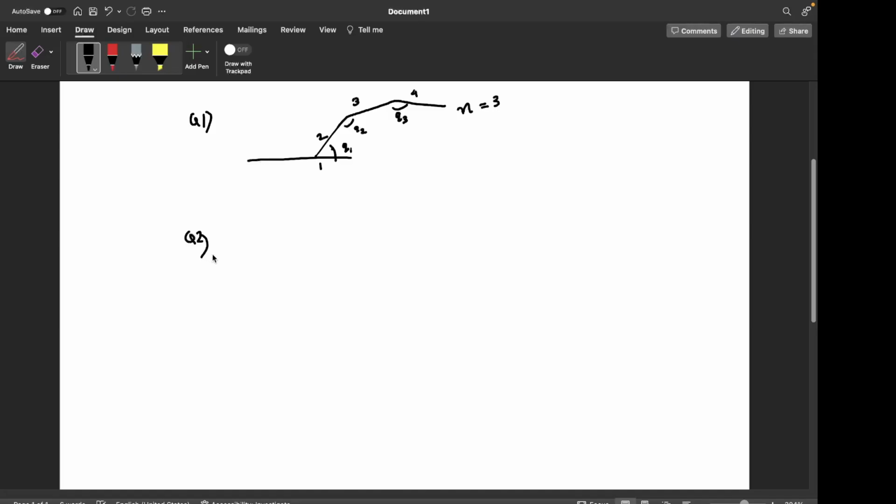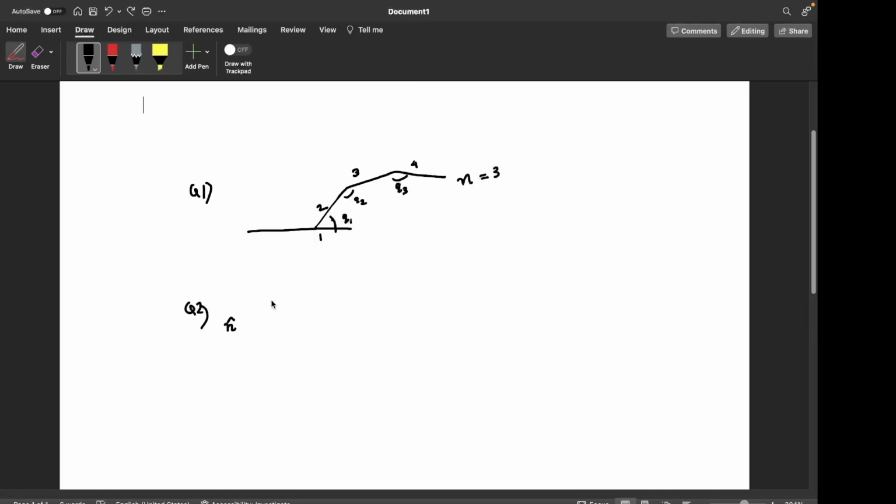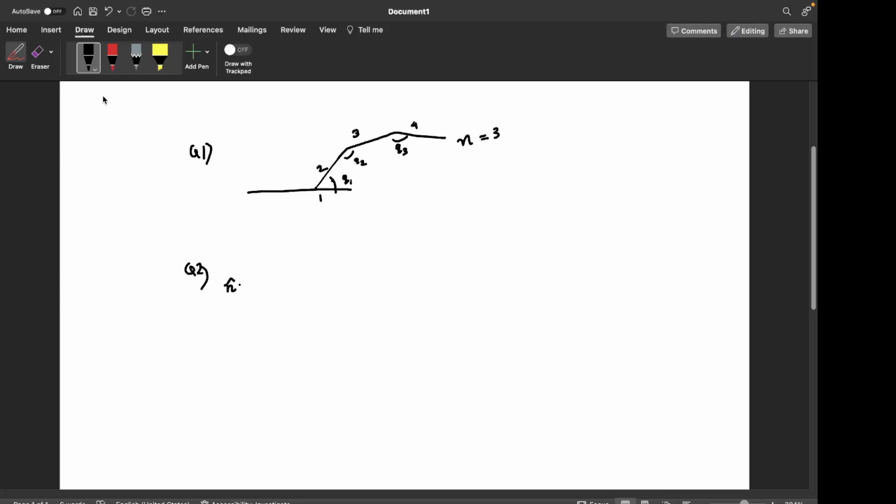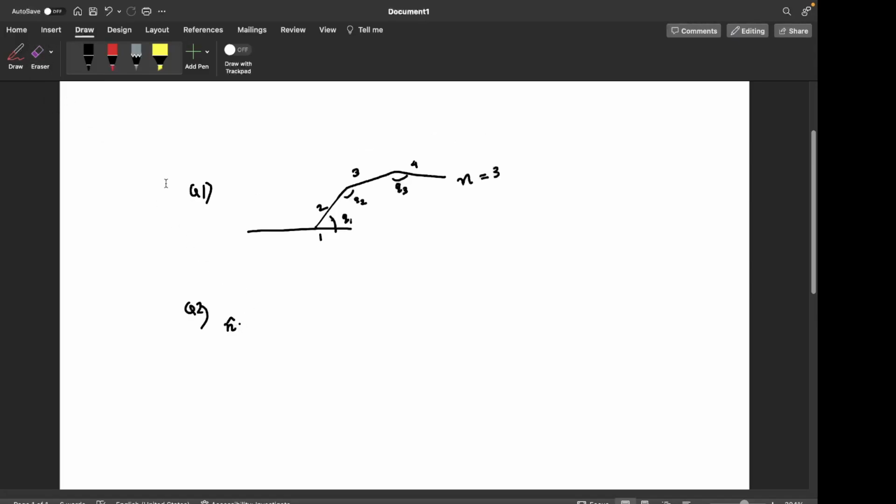Let's say there is a vector n cap given as a i cap plus b j cap plus c k cap.